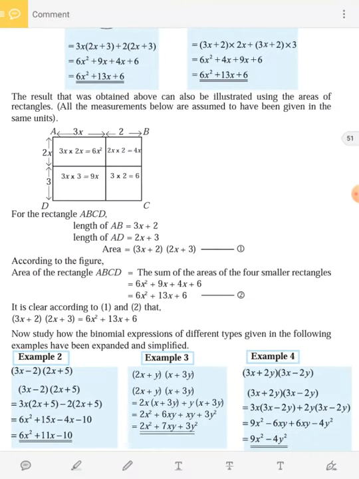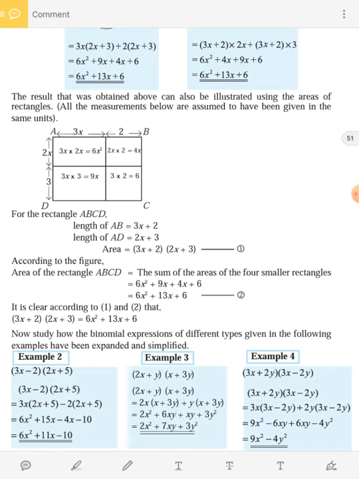Let's go back to our previous page. So would you like to try example 2, 3 and 4? Try yourself and check the answers. If you want, I can give support on example number 2 and example number 4.